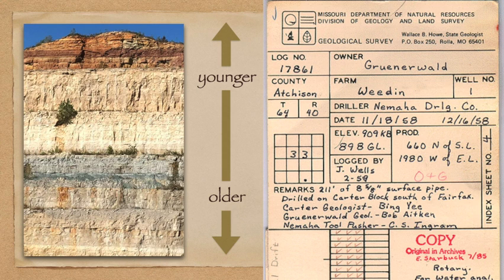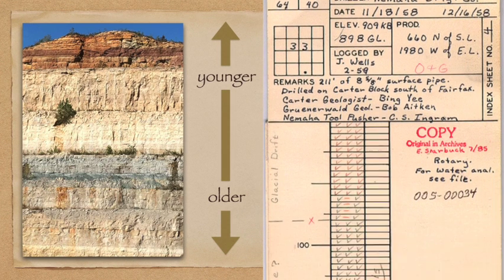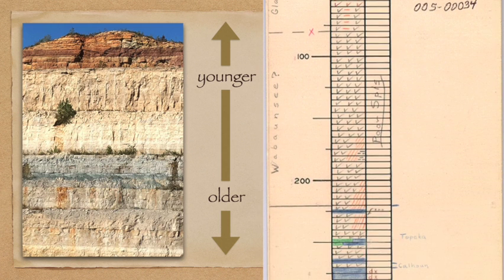Here we turn to well logs, which are careful records of the rocks encountered when a well is drilled for resource exploration or extraction. Here's one from northwest Missouri. As we scan down this log, keep in mind that we're starting with the youngest deposits at the surface and descending into ever older rocks with depth. We start with about 80 feet of glacial sediment before we even hit the youngest bedrock.